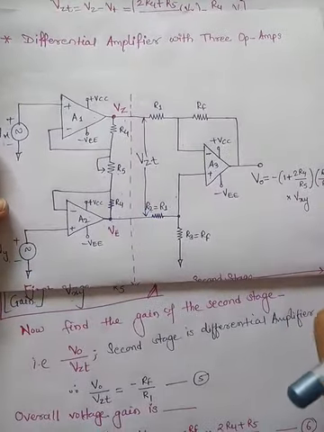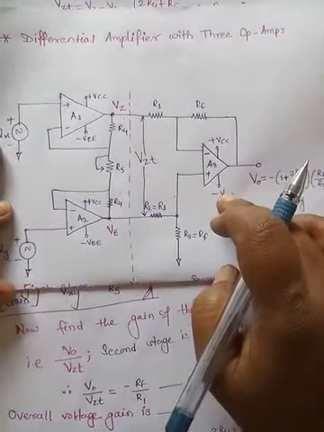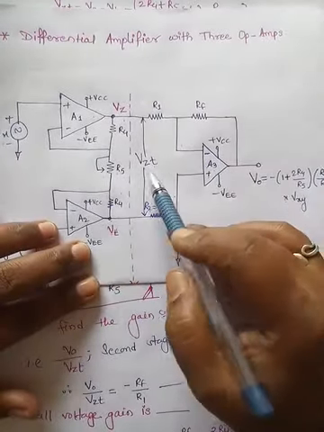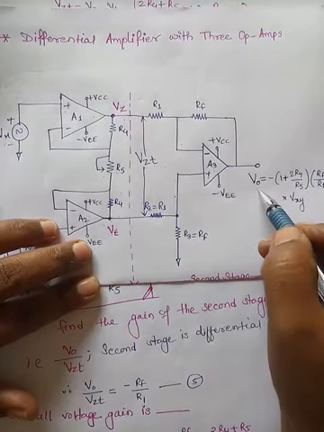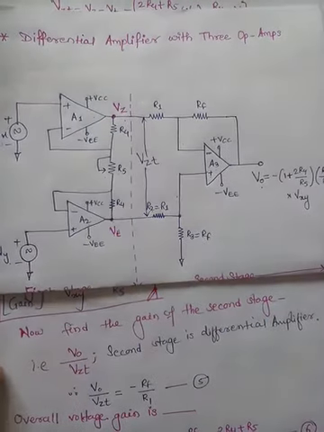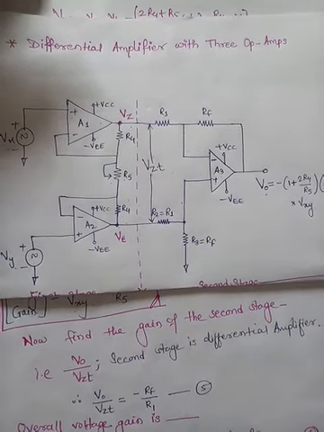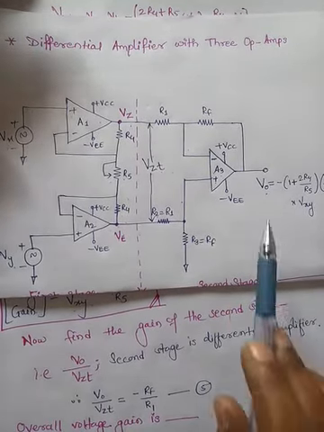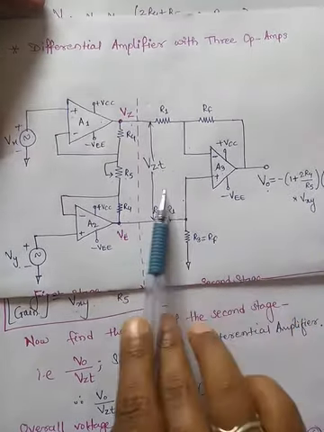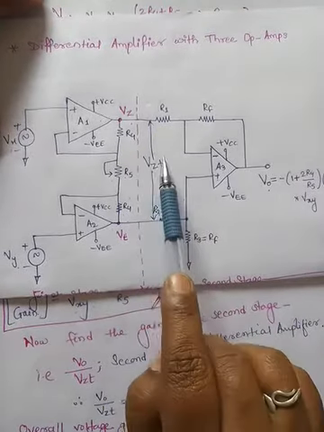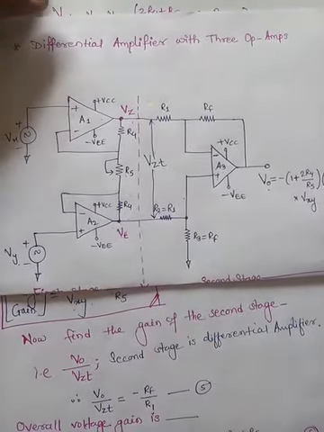This is the second stage of the differential amplifier. For this, Vzt will act as input and output is V0. Okay. So the gain, how we can write the gain equation? Gain is output voltage divided by input voltage. What is output is V0, and what is input is differential input to this stage, and that is Vzt. Okay.